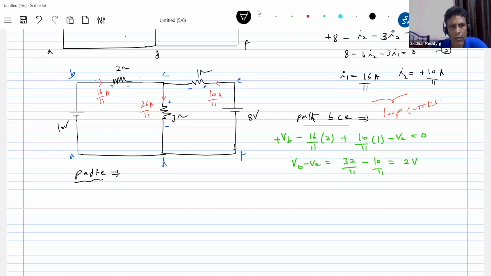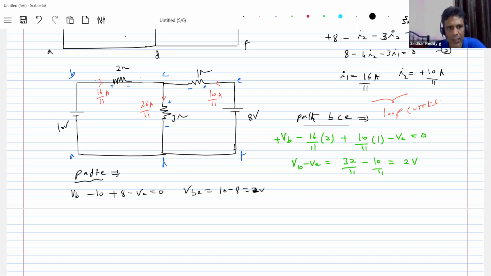So at point B, I'll start it. VB minus 10 plus 8 minus VE equals 0. So this should be 10 minus 8, 2 volt. So what is the path?